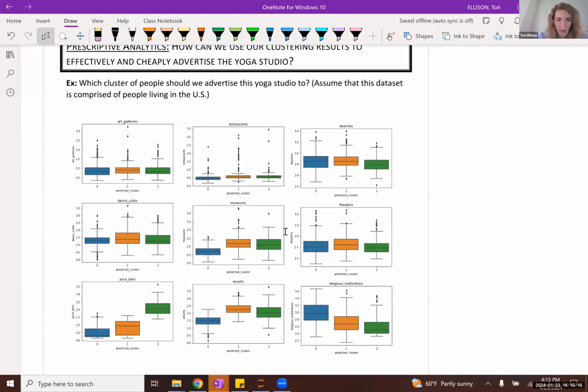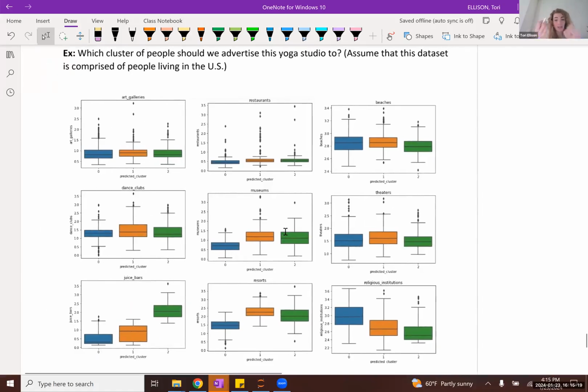But for instance, after you've identified the clusters that exist in a given data set, you want to explore what attributes actually characterize each of these clusters that you found. So for instance, I can see from my side-by-side box plot visualizations here, you can learn a little bit more about what the people in cluster 2 actually like.